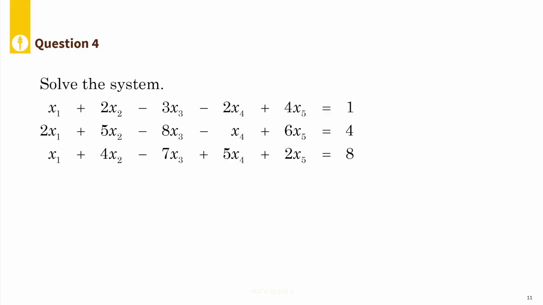Correct. The way I think about it is I have 5 unknowns. That means I'm going to need at least 5 equations to tell me what each of the unknowns are. I don't have enough information.